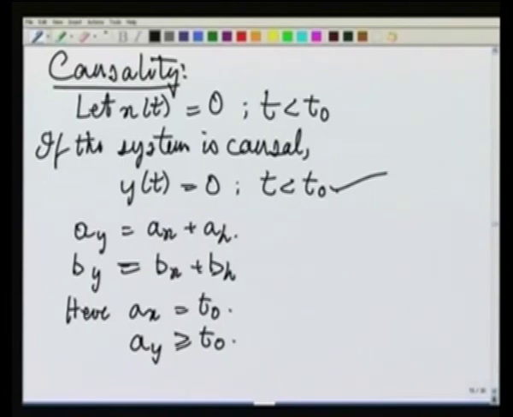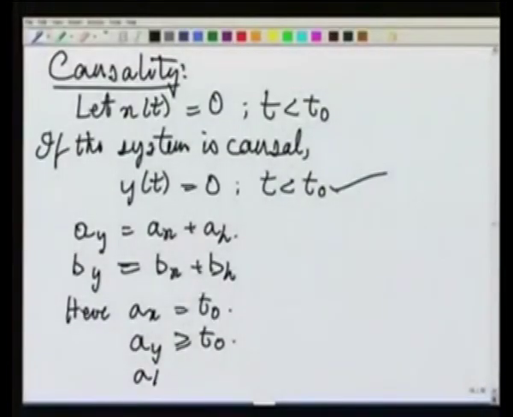Therefore, using this along with the result that A_y is A_x plus A_h, we can immediately see that A_h must be greater than or equal to 0.